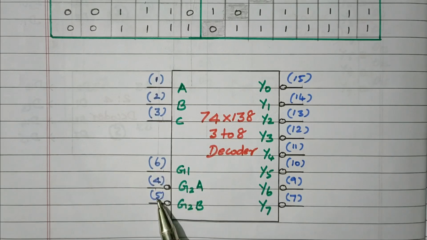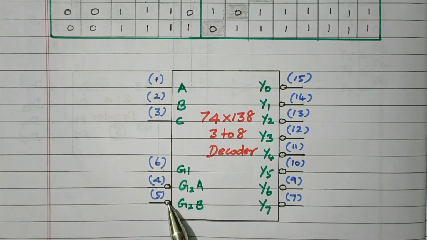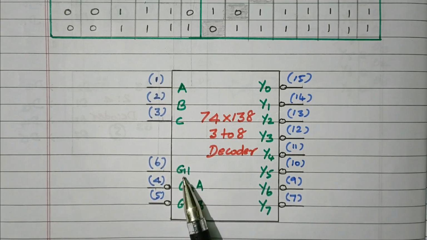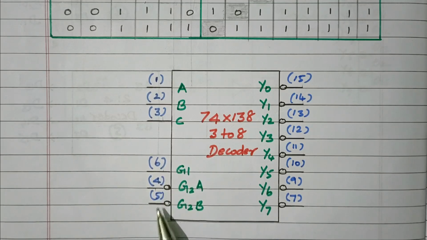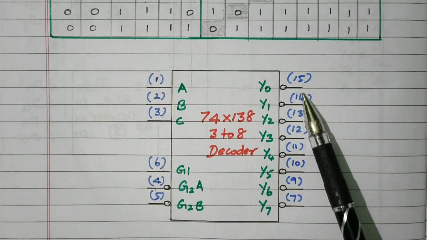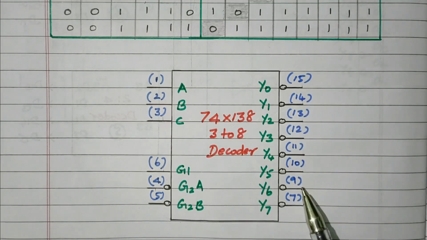Pins 4 and 5 have the active low enable inputs, and pin number 6 is the active high enable input G1. G2A and G2B are active low. G1 is active high, connected to pin number 6. These two are connected to pins 4 and 5. There are 8 possible outputs available.